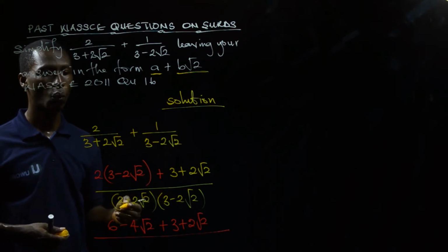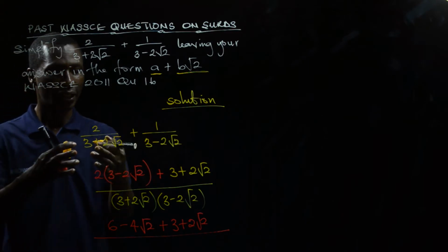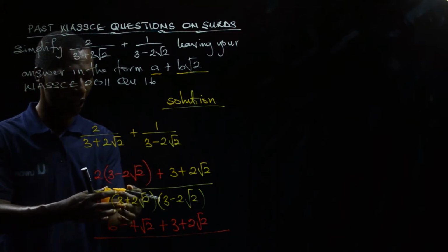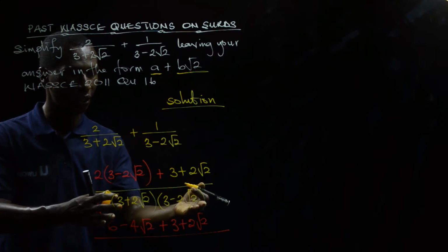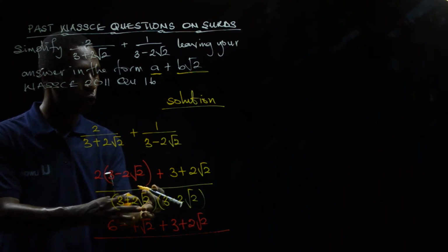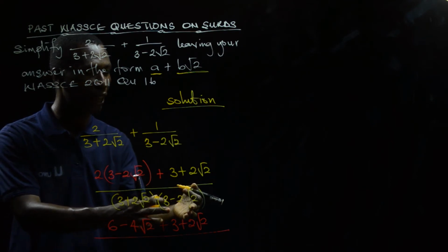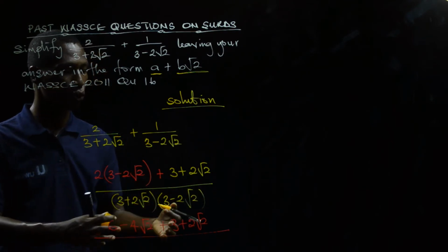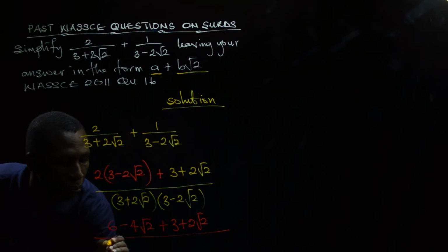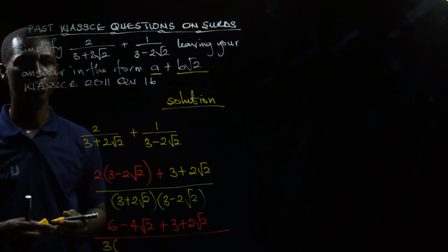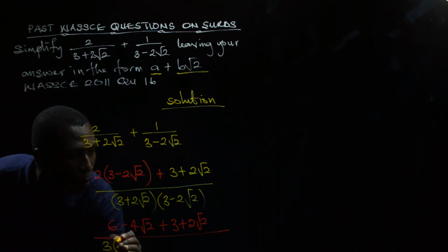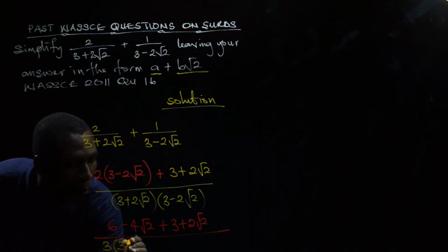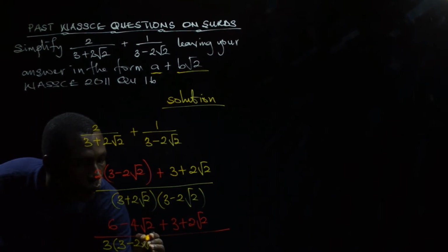Let us look at the denominator. The whole of this 3 is multiplying whatever item I have in the second bracket, and the 2 root 2 will also be multiplying whatever item I have in the second bracket. So I take my 3, then I bring my bracket, I write 3 minus 2 root 2.